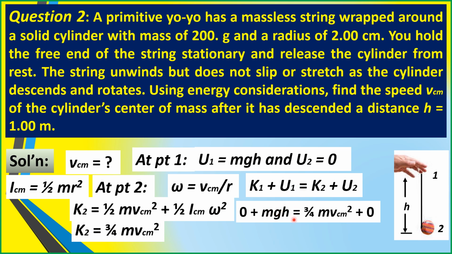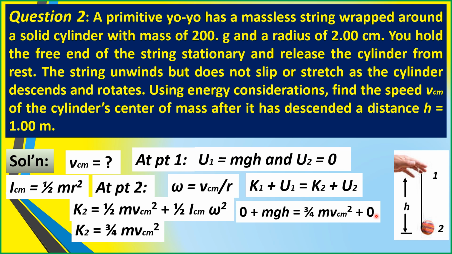Equate this to the total kinetic energy of the yo-yo at point 2, which we earlier expressed as 3/4 of the mass and the square of the linear speed of the center of mass of the yo-yo. At point 2, we emphasize that the gravitational potential energy is 0.